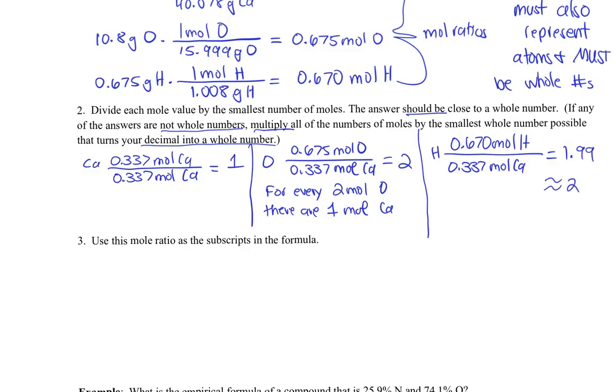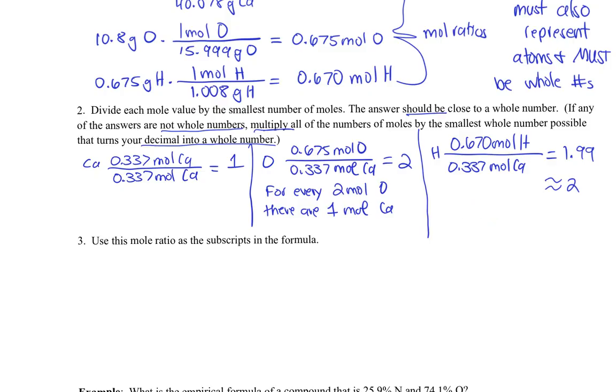Okay, so 1.98, 1.99, 2.01, 2.02, those are all really 2. But if you get 1.9, 1.9 is not 2. 2.1 is not 2. Okay, it would have to be much closer to 2 in order to call it 2.